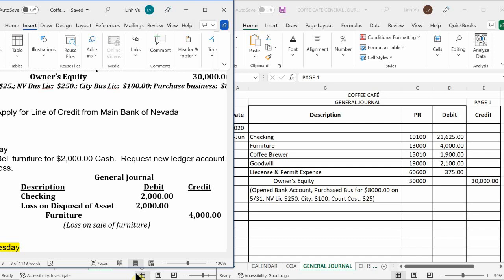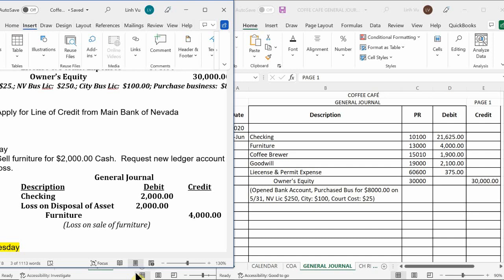So in this case, I definitely lost money because I sold it for less than what it's worth. So I have to recognize that I end up getting a loss. Now, of course, this loss is going to be considered an expense to the company because, again, I spent $4,000 to acquire the asset and I only got $2,000 back. So in this case, it becomes an expense.